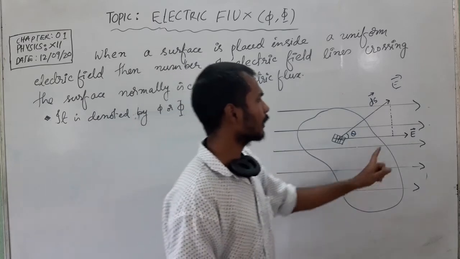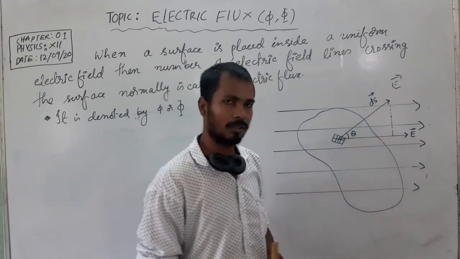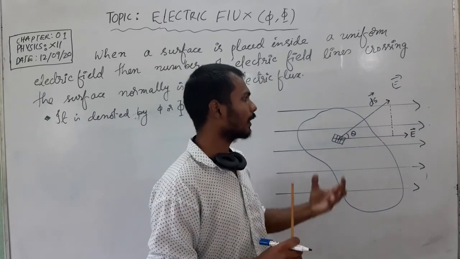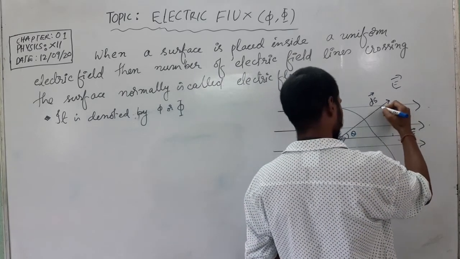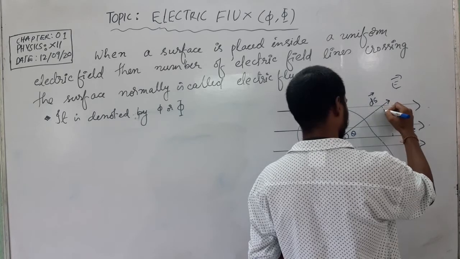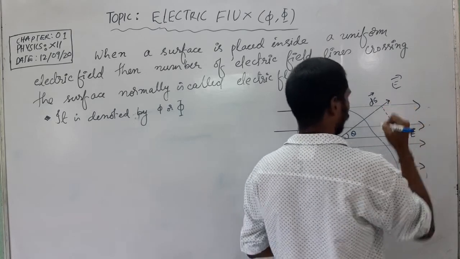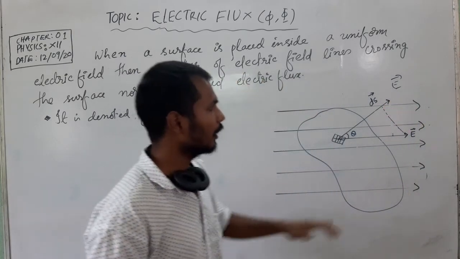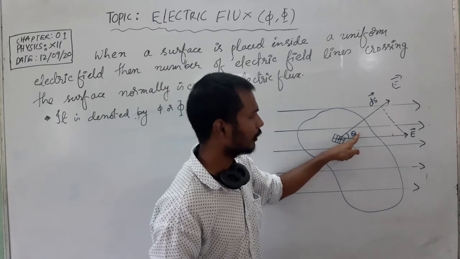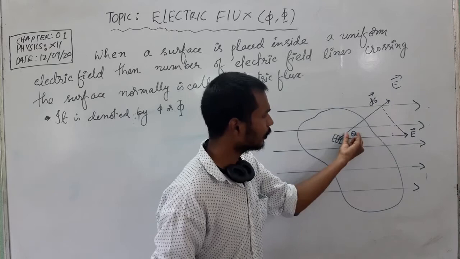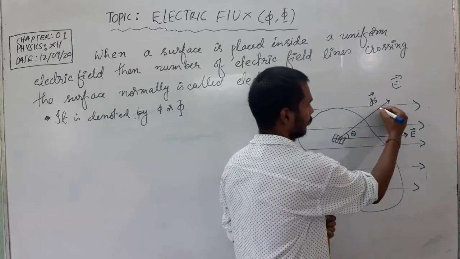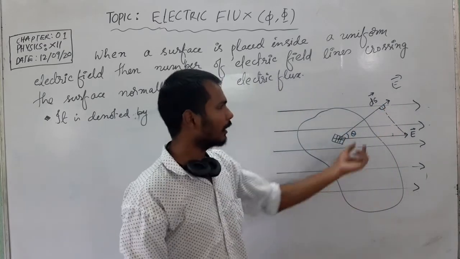Now this is the electric field and this is theta. Now which component of electric field is normal to this? Or you can draw it like this. Now see, this is the electric field, this is theta, and this is the base.